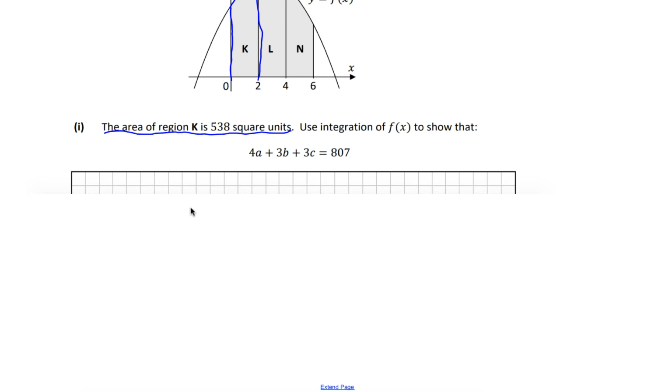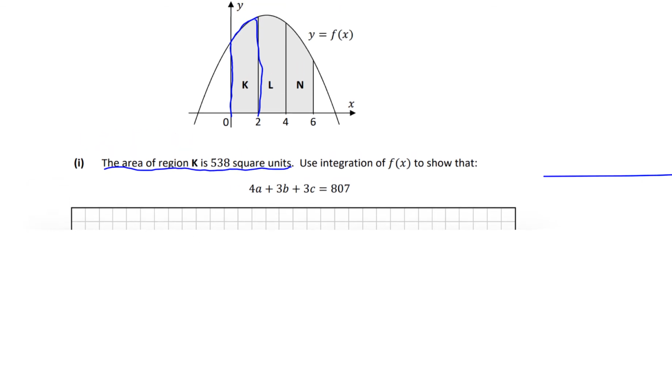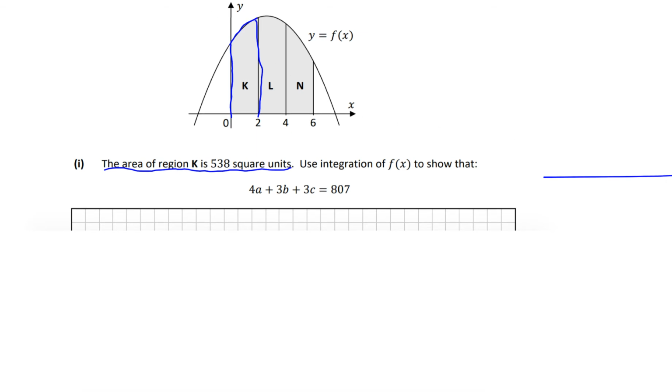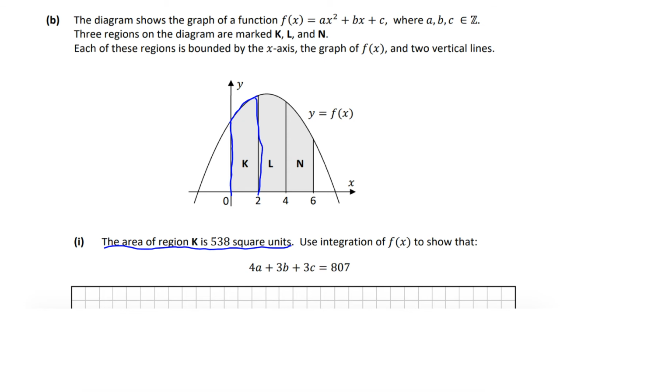We can say that the integral of the function ax squared plus bx plus c, with respect to x between 0 and 2, is equal to 538 square units.